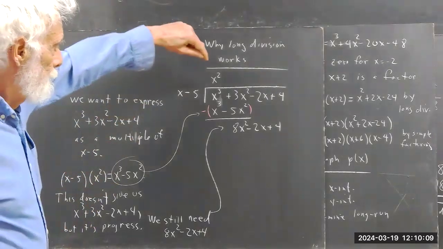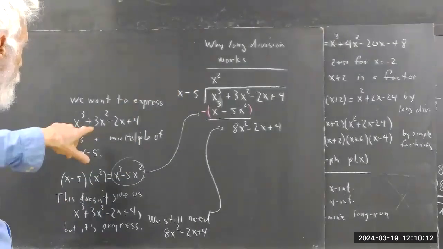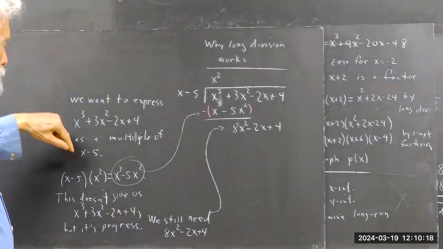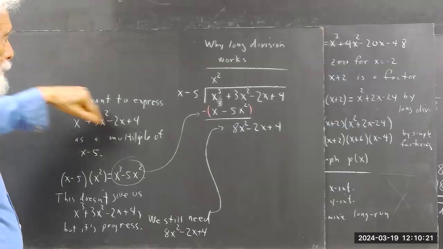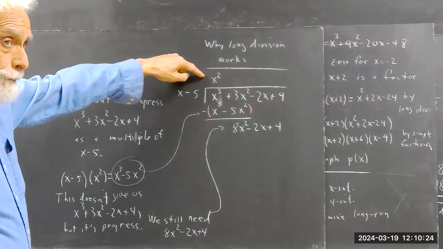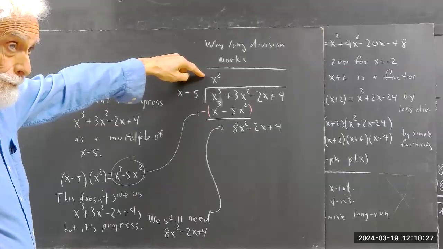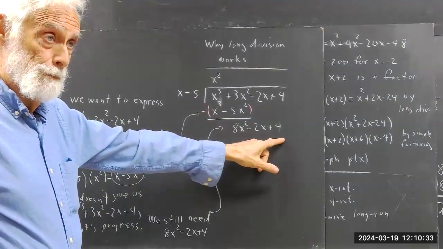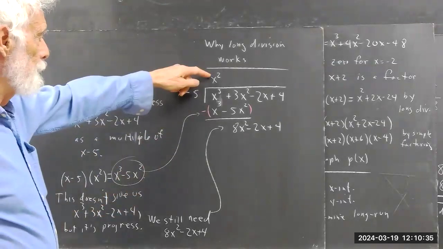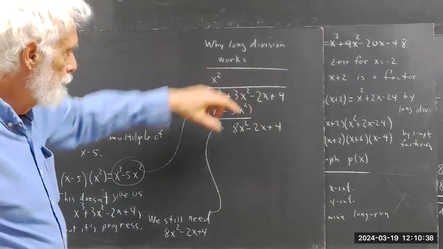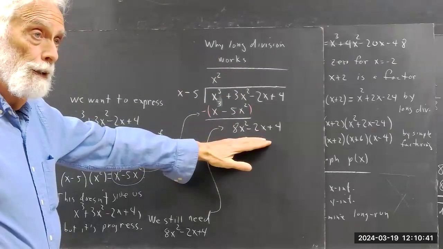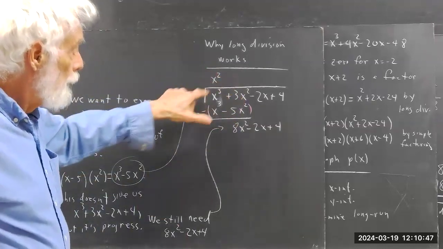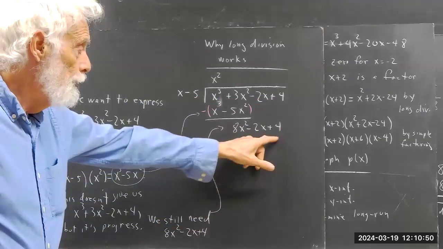If we say that the multiple of x minus 5 that gives us this contains an x squared, okay, we know that, well, we've got a good chunk of it, but we still need this much left. So the way we write that out is we put our x squared here, we multiply it by x minus 5, and then we subtract it to see what we've got left, to see what we still need. Okay, so we've got this big of a chunk of this thing. We still need this chunk.